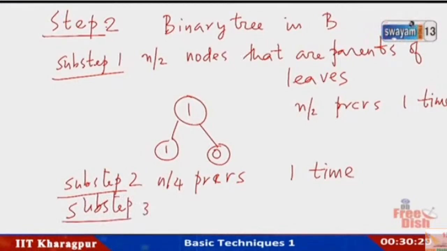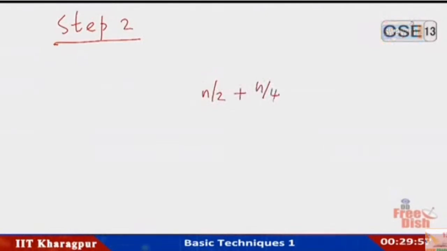By extending the argument, we find that in the third substep, using n by 8 processors, in 1 unit of time we can fill the nodes that are at level 3 from the bottom. Continuing like this, we find that in the second step, we compute the OR of n bits by performing n by 2 operations in the first substep, n by 4 operations in the second substep, and so on.